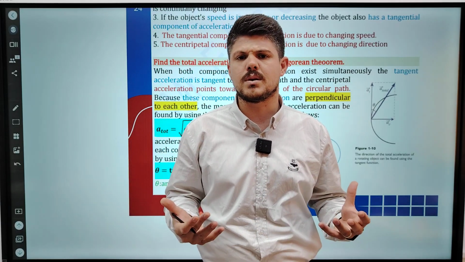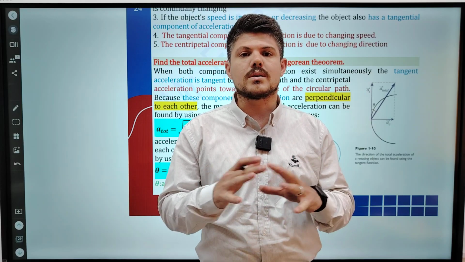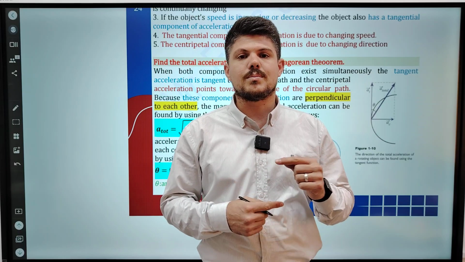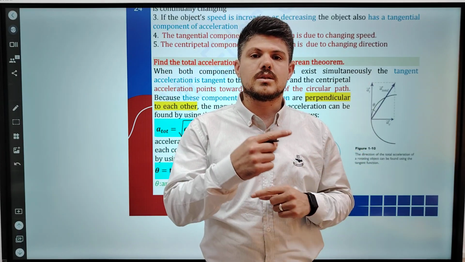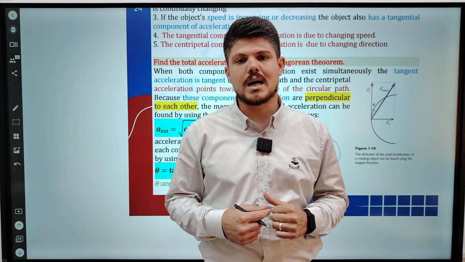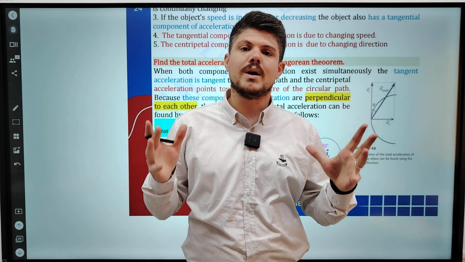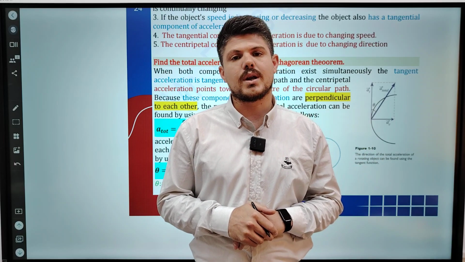What do you mean by varied speed? It means non-constant speed. When the object is moving in a circular path and its speed changes, speeding up or slowing down, tangential acceleration is produced, which is equal to alpha times radius.